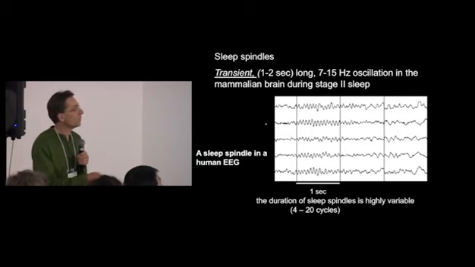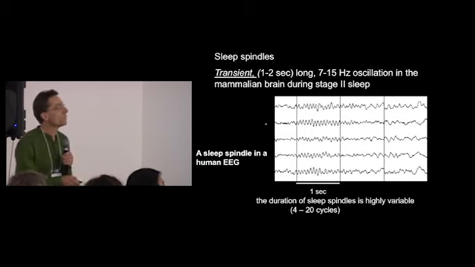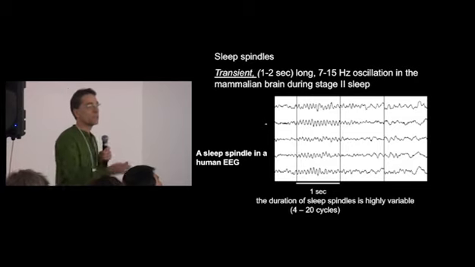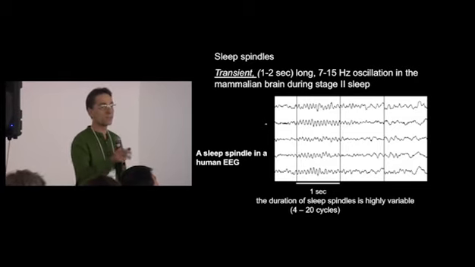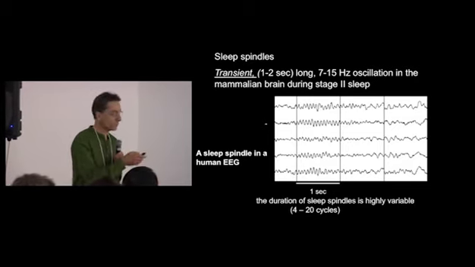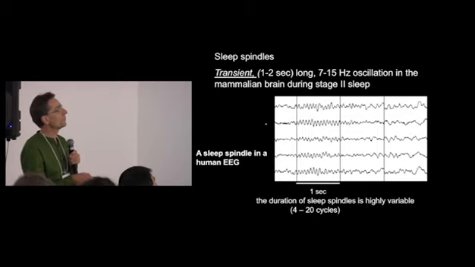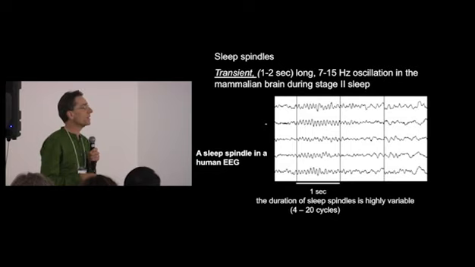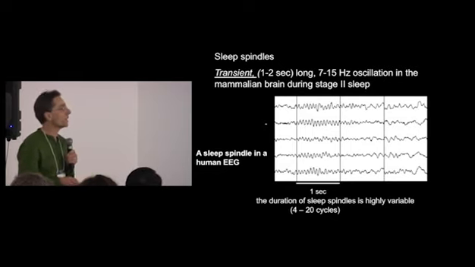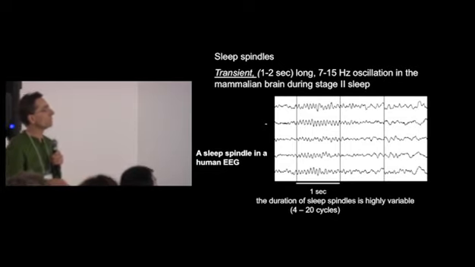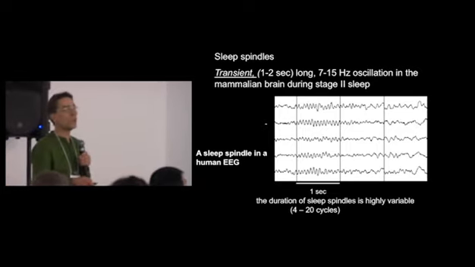If you look at a human EEG, exactly when you start to fall asleep, when you start to lose consciousness and the connection with your environment, then a transient 5 to 12 or 15 hertz oscillation emerges, and it lasts around 1 second or so. But the very interesting feature is that the duration is highly variable. A spindle may last only 4 cycles or up to 20 cycles.